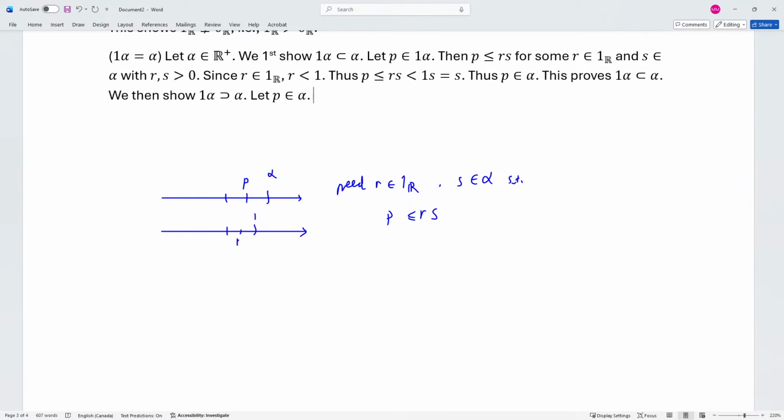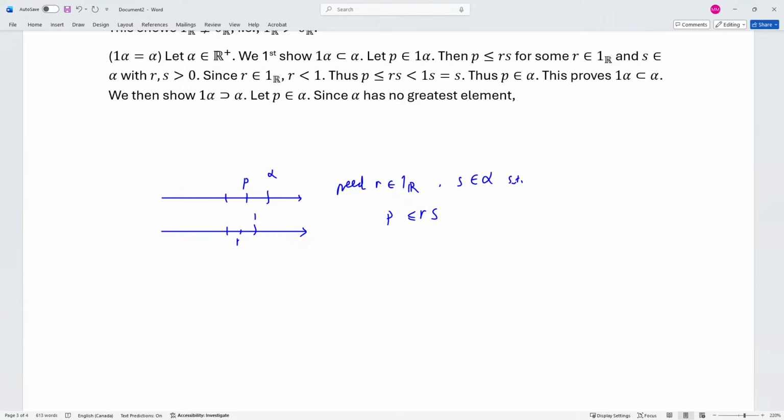Let P be in alpha. You're absolutely right. Alpha has no greatest element. Yes, your comment absolutely makes sense.